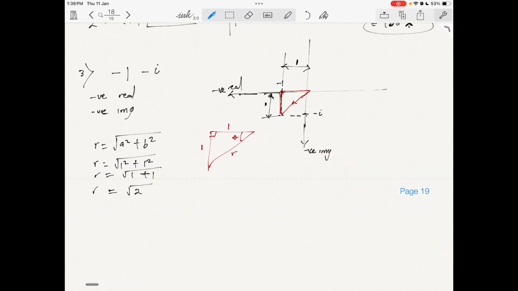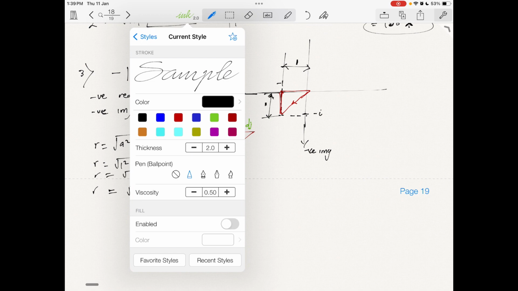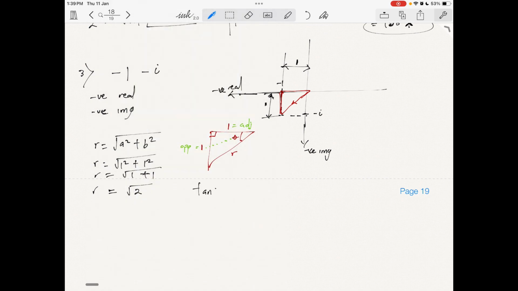Now, having done that, the side facing the angle theta is known as the opposite, and the other side is known as the adjacent. So our tan theta, which is opposite over adjacent, is equal to 1 over 1, because the opposite is 1 and the adjacent is 1.